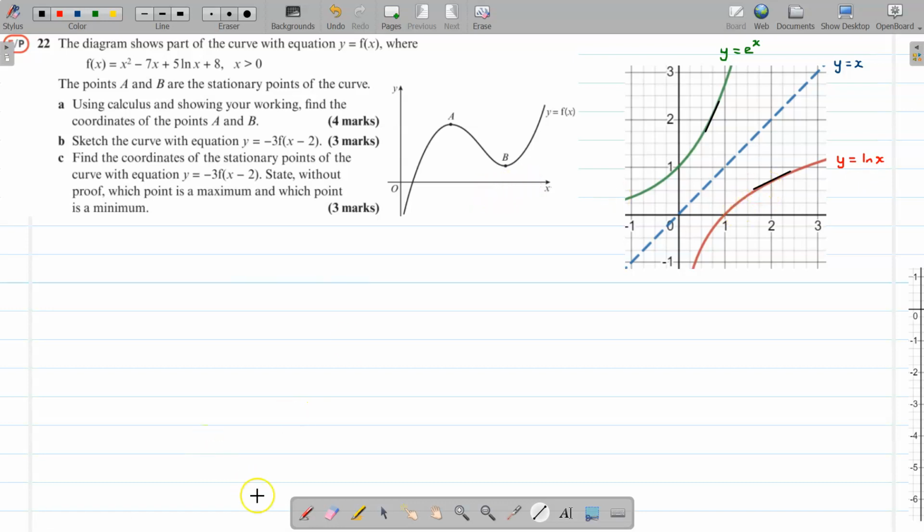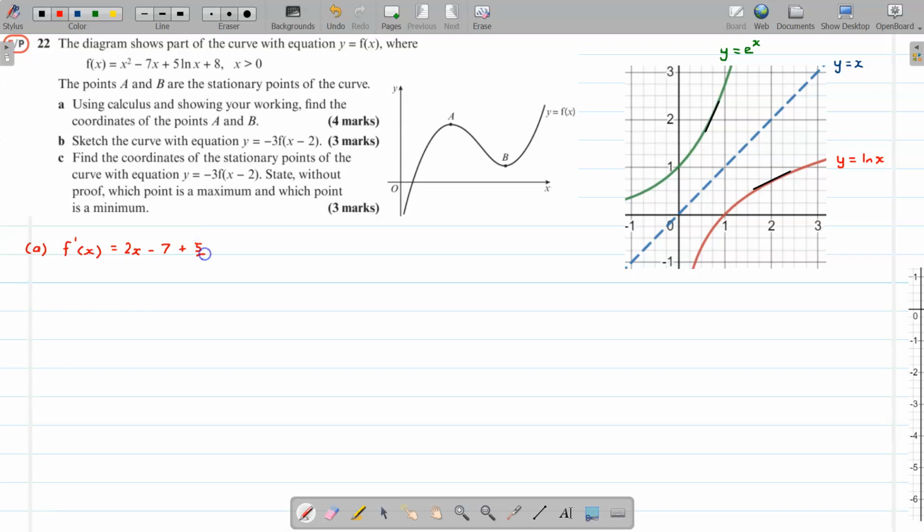So using that information now, I'm going to differentiate this whole thing. For part A, I'm going to write that f dashed of x, that's the gradient function, is equal to, well, hopefully you know that the x squared becomes 2x, the minus 7x just becomes minus 7, and the 5 log x is 5 lots of 1 over x, which is 5 over x.